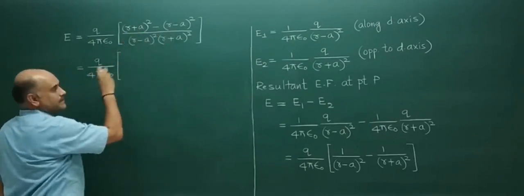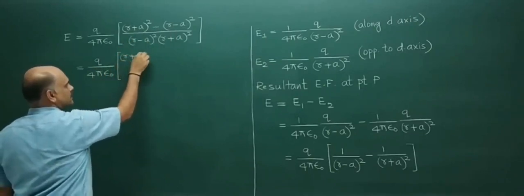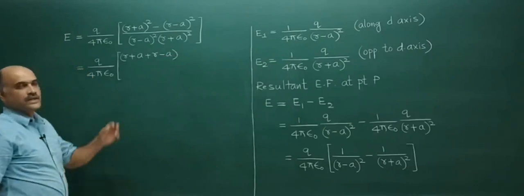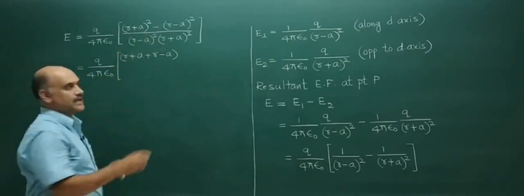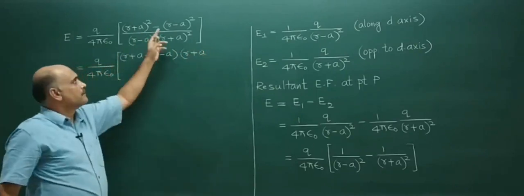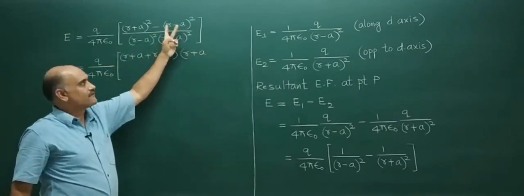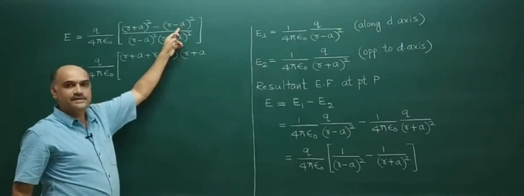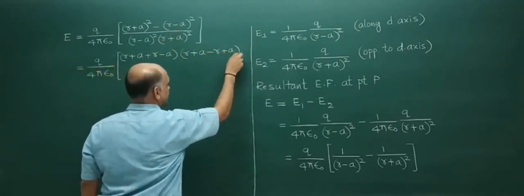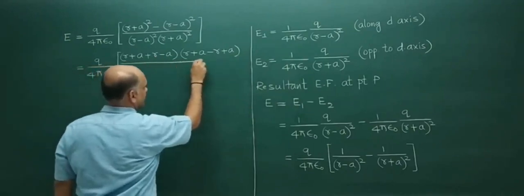If I take a plus b, it will be R plus A plus R minus A, into another bracket a minus b, R plus A minus R plus A. If I take minus, this will be minus, A will be plus. So minus R plus A divided by.